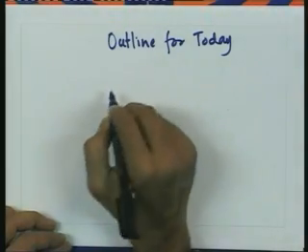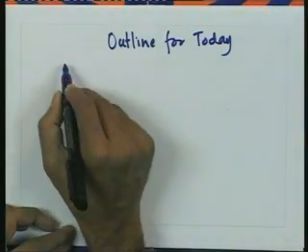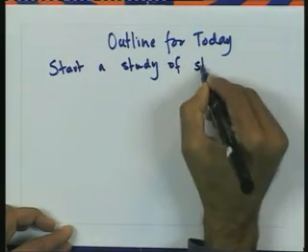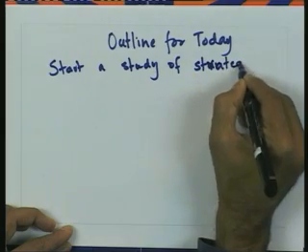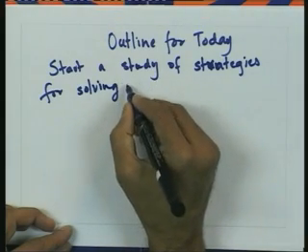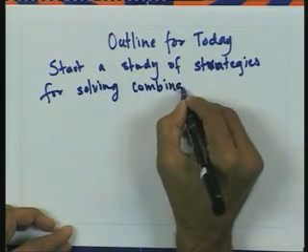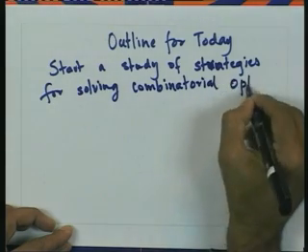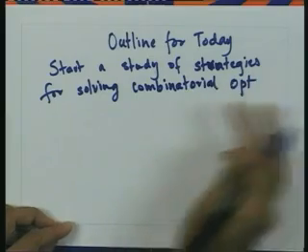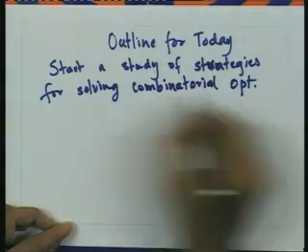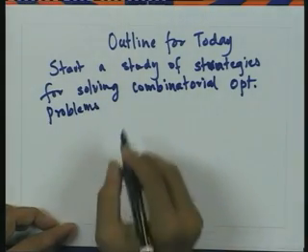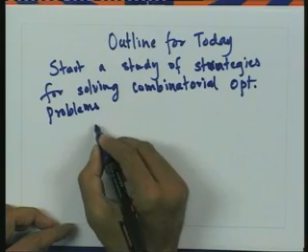The idea today is to start a study of strategies for solving combinatorial optimization problems. Combinatorial optimization and search problems. I may drop the search occasionally, but that's implied. Today I want to talk about a few basic strategies.